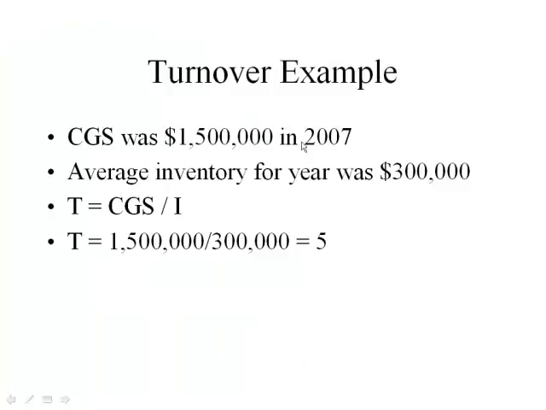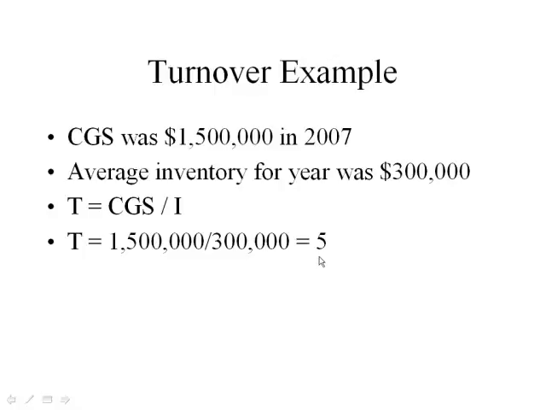So let's say that during the year 2007, our cost of goods sold was $1.5 million, maybe for a particular small retailer or restaurant. And let's say our average inventory was $300,000. So our turnover would simply be one over the other, or 5 inventory turns per year.